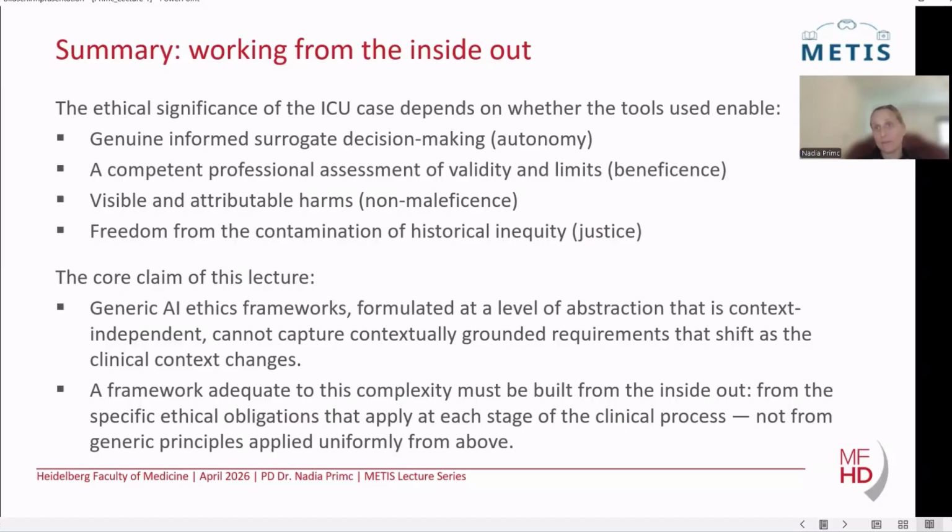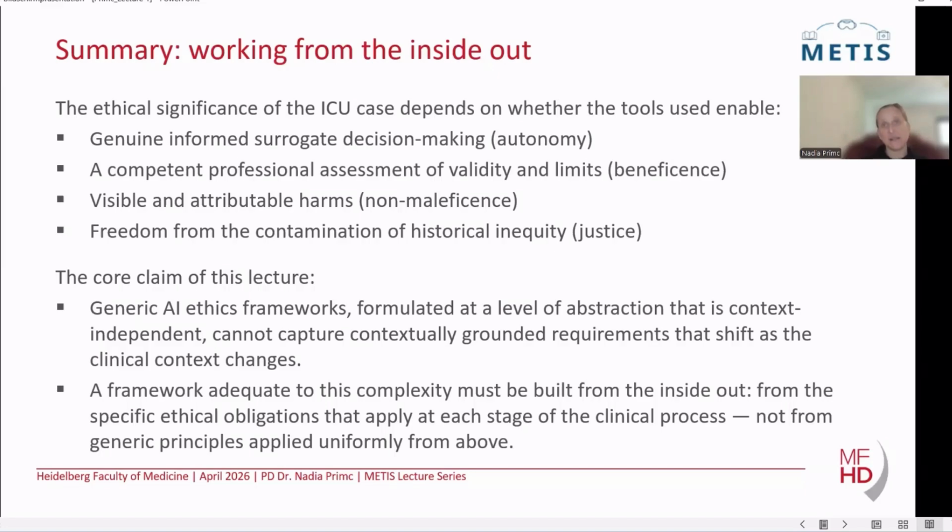We then showed that applying the 4 principles, autonomy, beneficence, non-maleficence, and justice, to these questions generates specific, contextually grounded requirements that generic AI frameworks, formulated at a level of abstraction independent of clinical context, cannot capture.